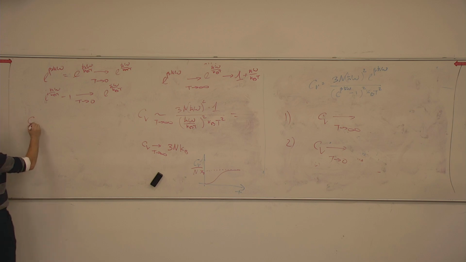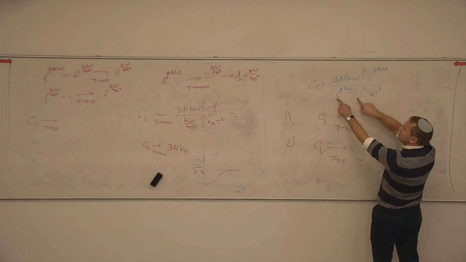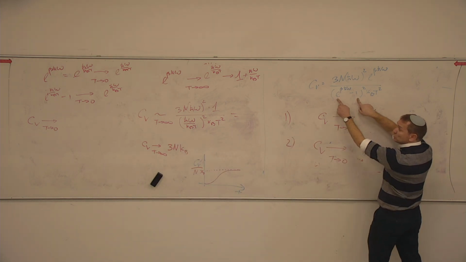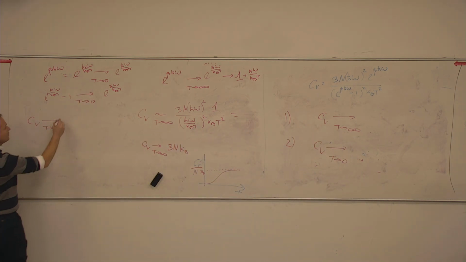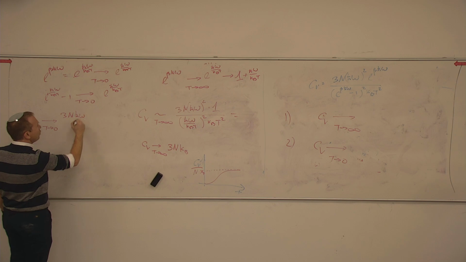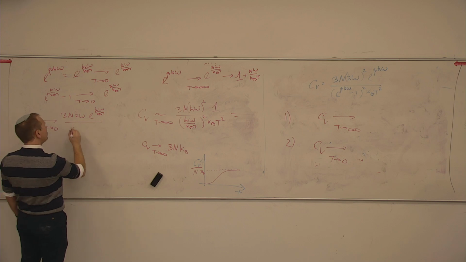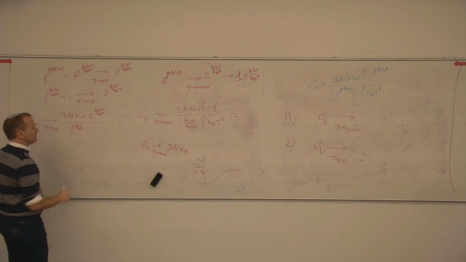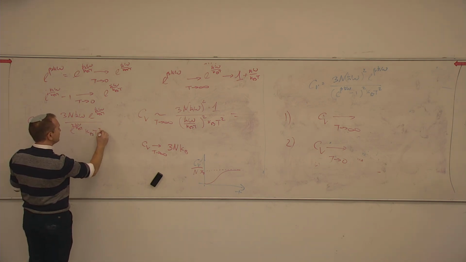So C_V, in the limit of small temperatures, the only thing that I do is replace this e to the beta h bar omega minus 1 by e to the beta h bar omega, the k Boltzmann t representation. So I have 3N h bar omega e to the power h bar omega divided by k Boltzmann t, divided by e to the power h bar omega divided by k Boltzmann t, squared because of the second power, and k Boltzmann t squared.